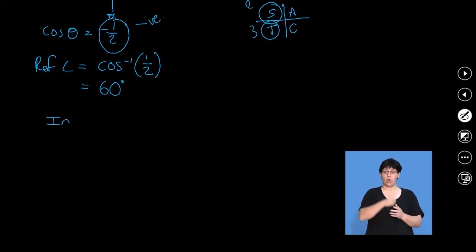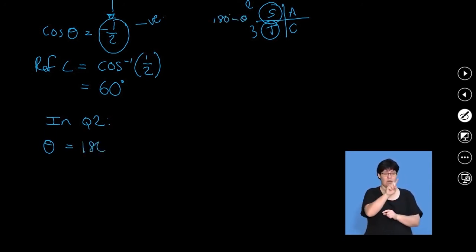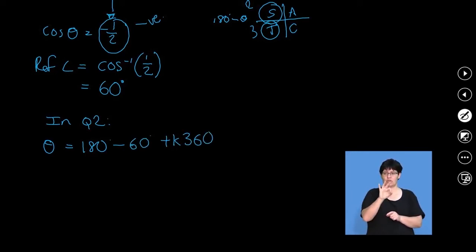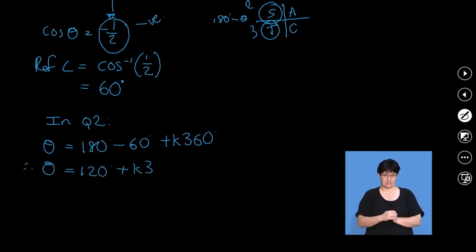In quadrant 2, I've got 180 minus theta. So it's going to be 180 minus 60 degrees, and that's plus K360 always, with sine and cos, it's your K360. So therefore, theta is equal to 120 degrees plus K360.